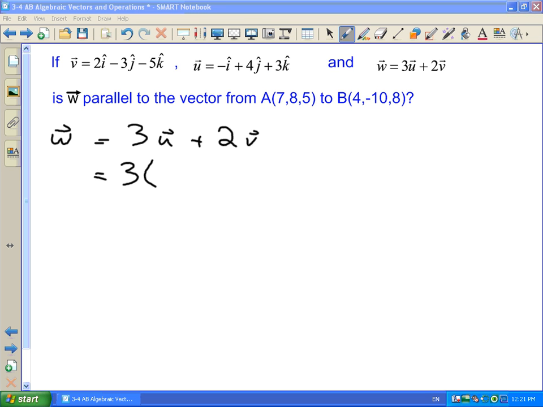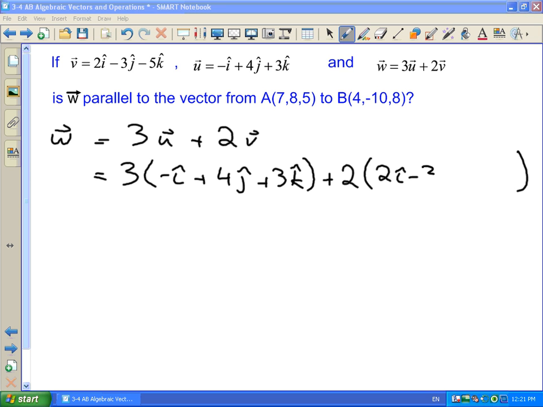This is going to be 3 times negative i hat plus 4j hat plus 3k hat. And we're going to add to this 2 times vector v here, which is 2i hat minus 3j hat minus 5k hat.